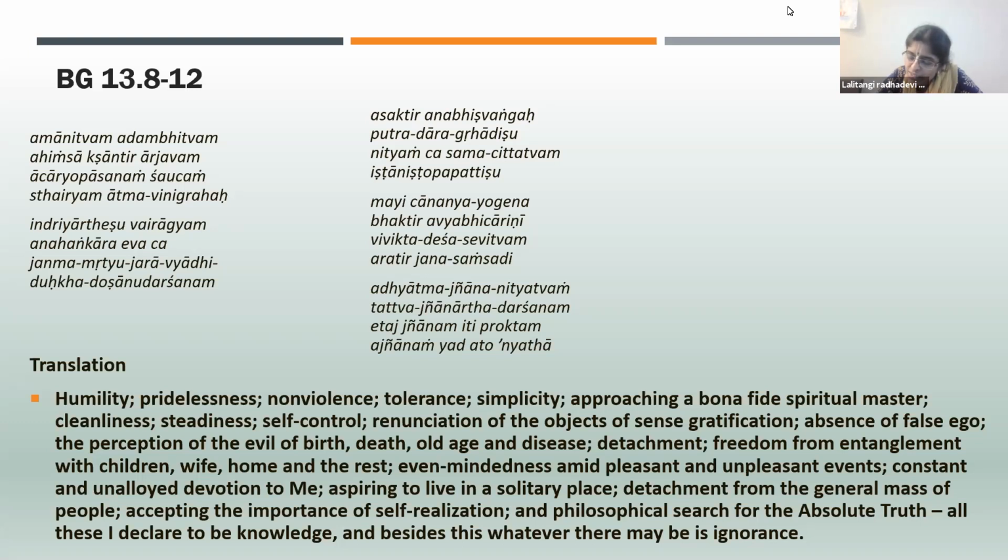If this constant and unalloyed devotion to him is there, Srila Prabhupada says, if one takes to devotional service in full Krishna consciousness, the other 19 items automatically develop within him. All the good qualities of knowledge develop in one who has attained the stage of devotional service.